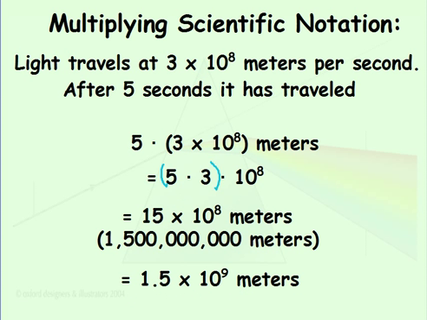If I move my decimal point 1 to the left, which will give me a number of 1.5, moving a decimal point to the left adds 1 to my exponent. So now 15 times 10 to the 8th becomes 1.5 times 10 to the 9th meters. Pause the video if you need more time to look at this example.